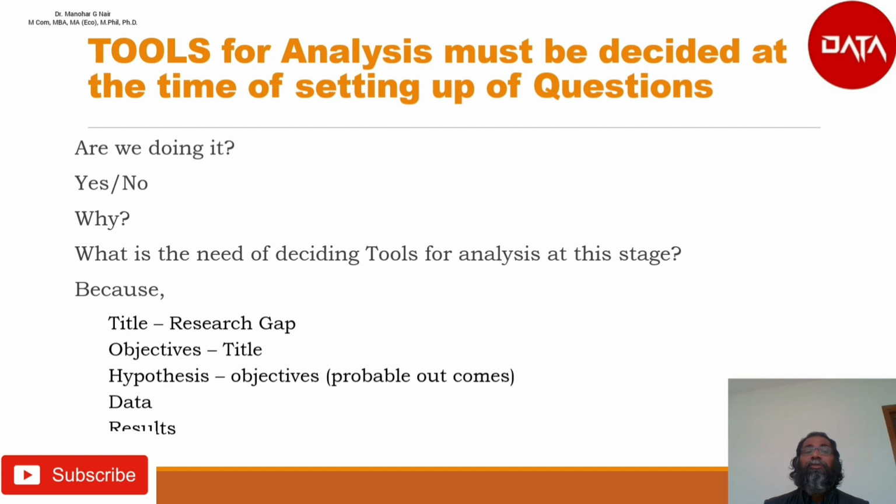So the tools for analysis also must be decided at the time of setting up of the schedule. Are you going for ANOVA or multivariate analysis or regression model or correlation or t-test, chi-square test, etc., depending on the number of samples that you are collecting or the data that you need for satisfying your research objective.